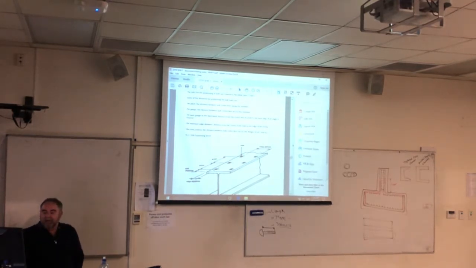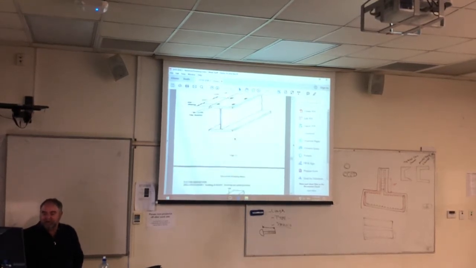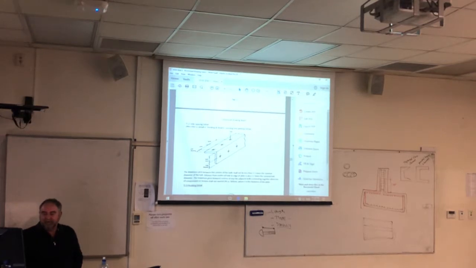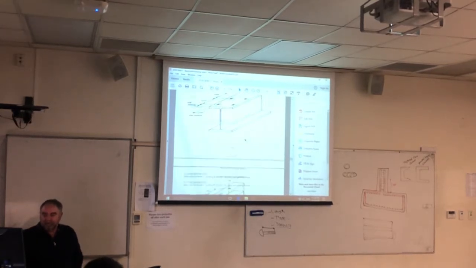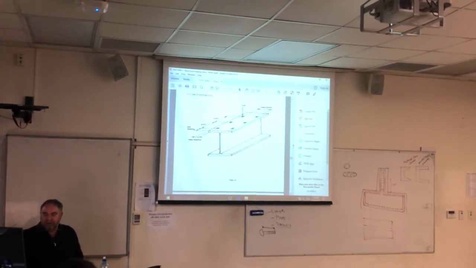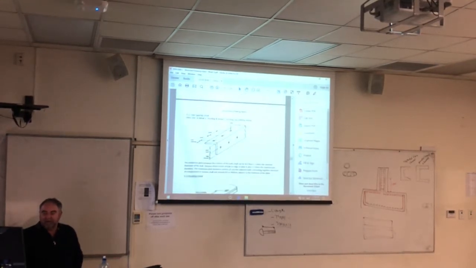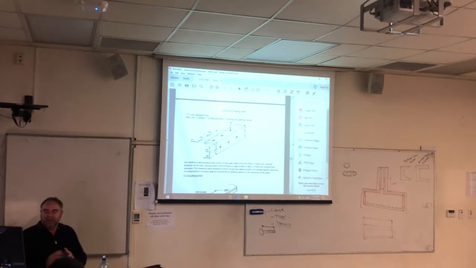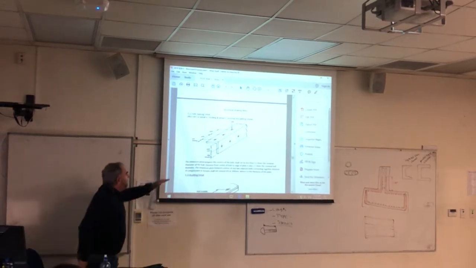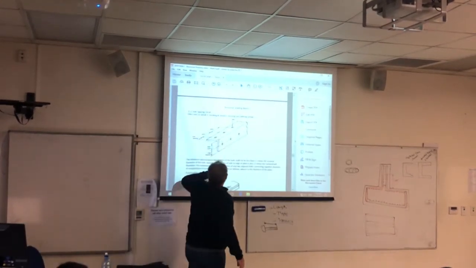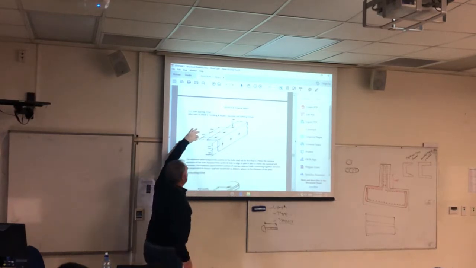Now, in plate design, which I'm going to get into in a few seconds. Sorry, let's start with, that was beam design or angle column design. This is angle design. So with angles, it's slightly different. You've still got your pitch going this way, and you've still got your end distance.